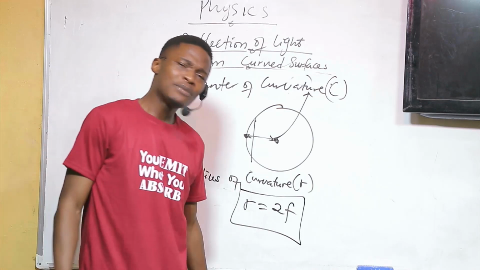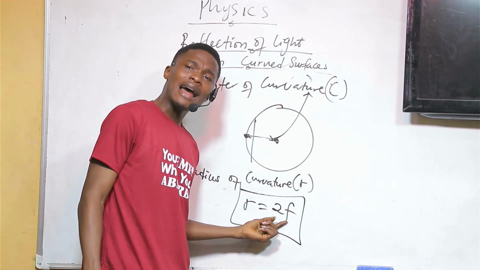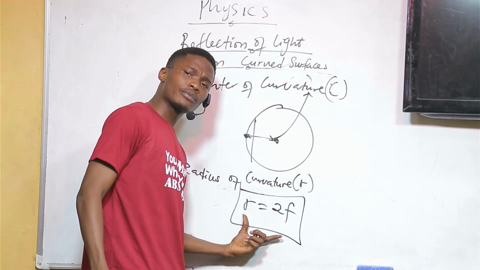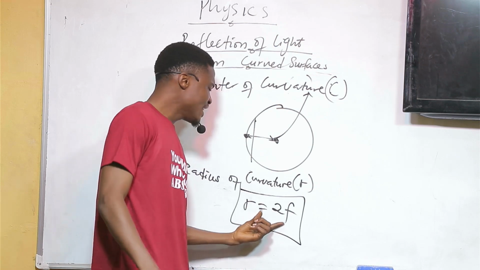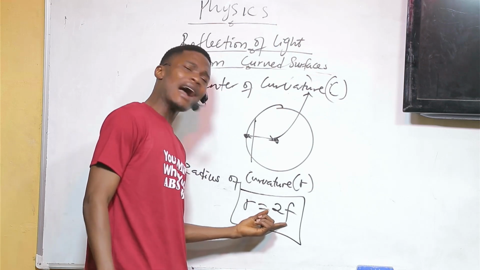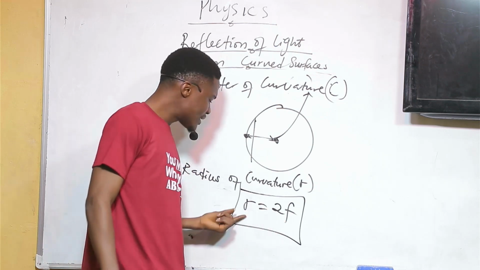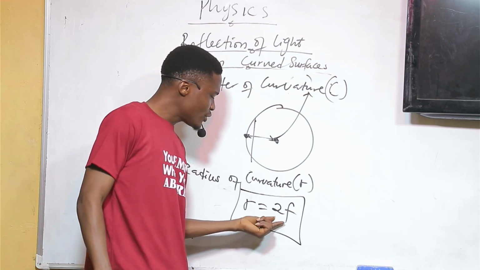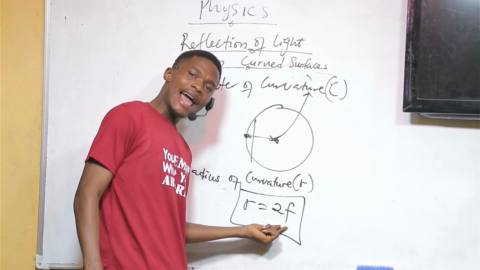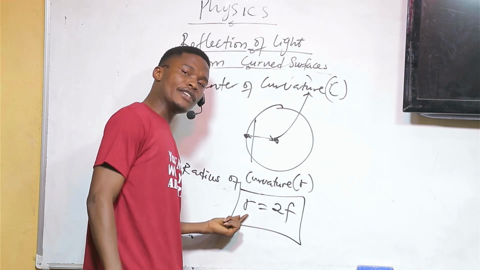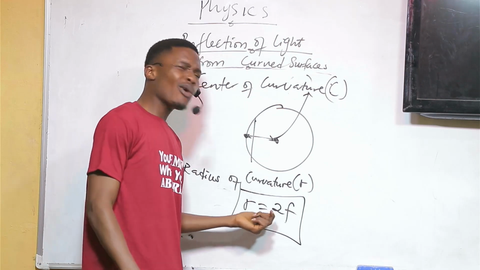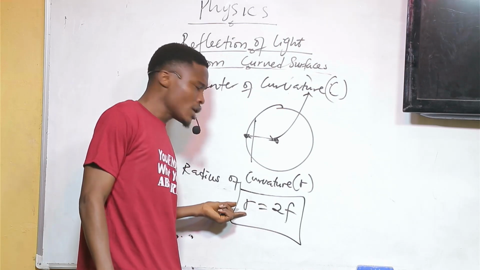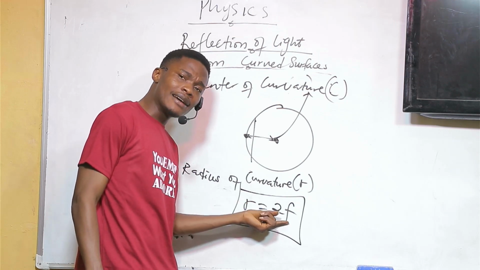What does it mean? If I tell you that focal length is 12, for example, what will be the radius of curvature? 24. Beautiful. If focal length is 15, the radius of curvature is 30. If focal length is 30, it is 60. Now what if I tell you that radius of curvature is 40? What will be the focal length?